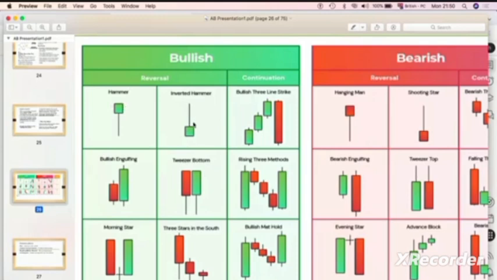An inverted hammer has a long wick on the top and a smaller body at the bottom without a wick.